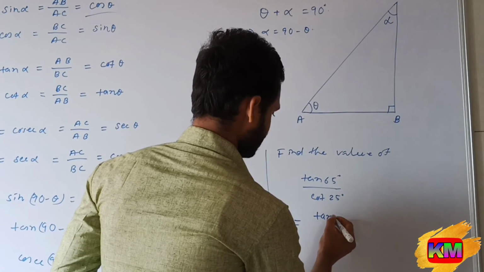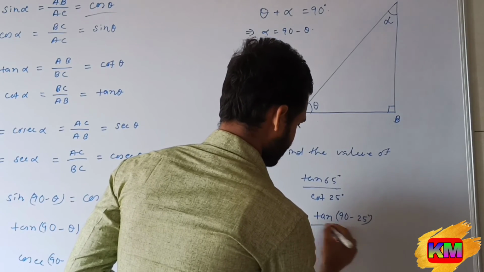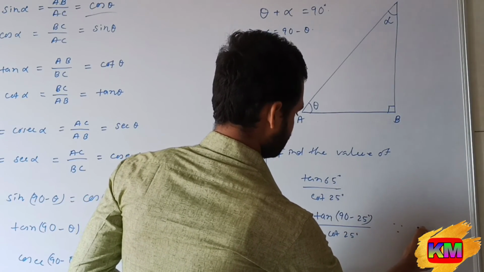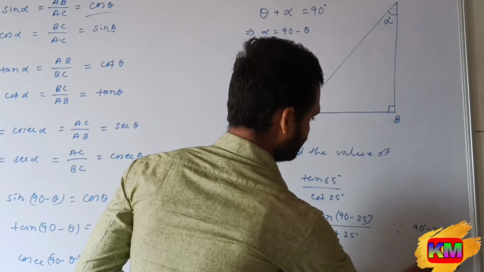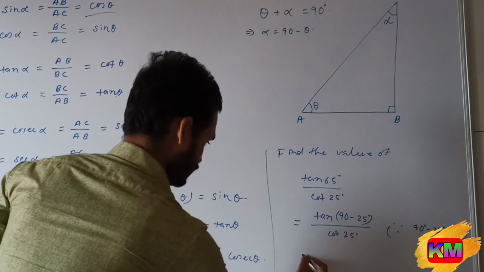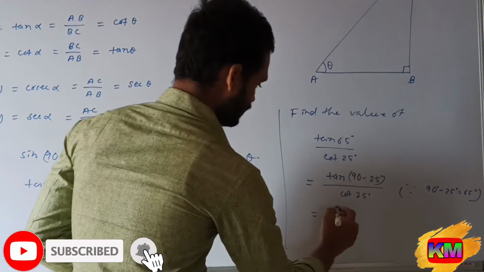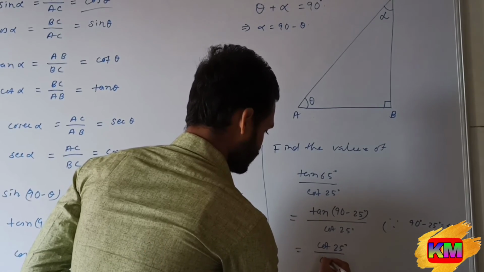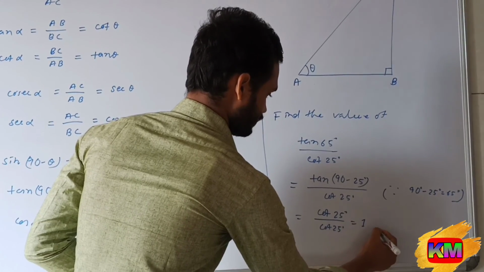So we can write tan 90 degrees minus 25 degrees divided by cot 25 degrees, since 90 degrees minus 25 degrees equals 65 degrees. Now we know that tan 90 minus theta equals cot theta. So it will be cot 25 degrees divided by cot 25 degrees, which equals 1.